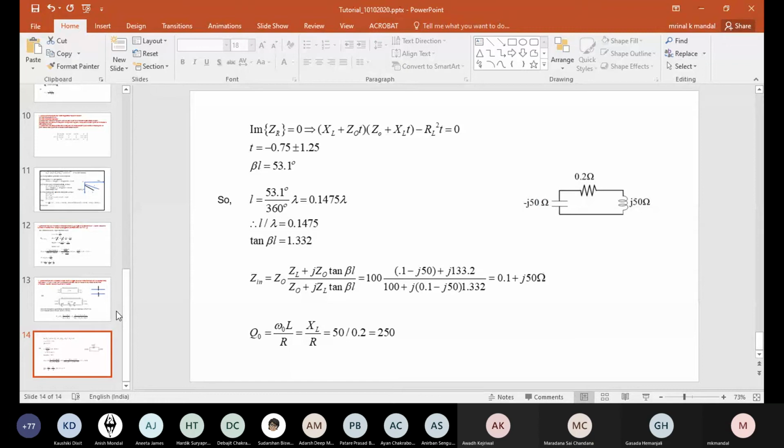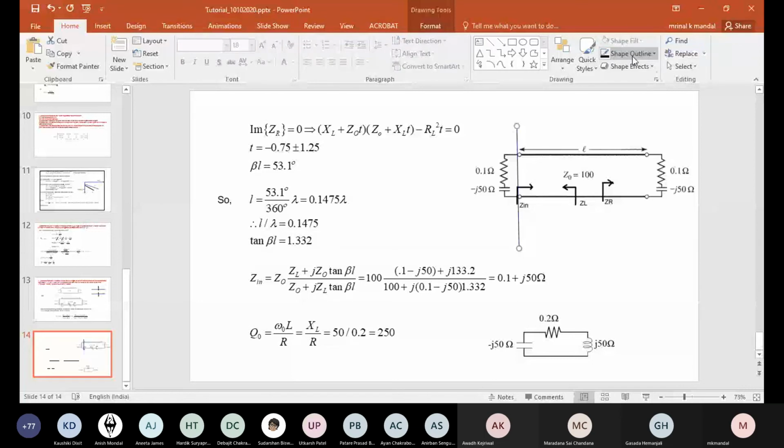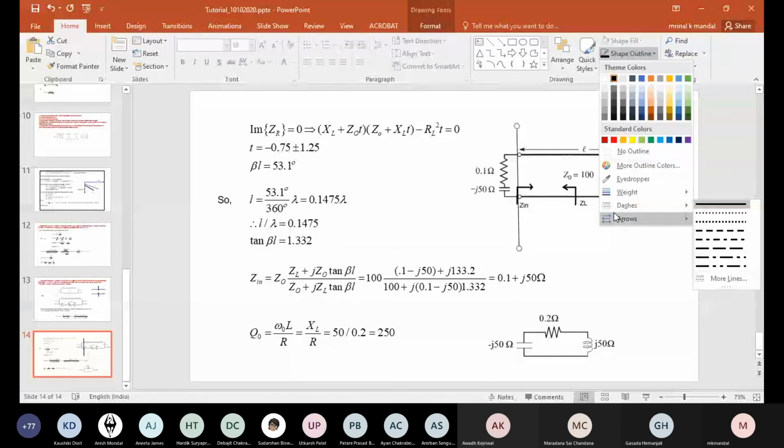This is the circuit. What we did, we found the value of Z in here on this plane, and what we see, this Z in is 0.1 plus J50. So then on the left side we have this plus this, 0.1 plus J50.